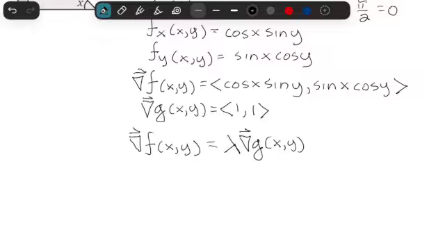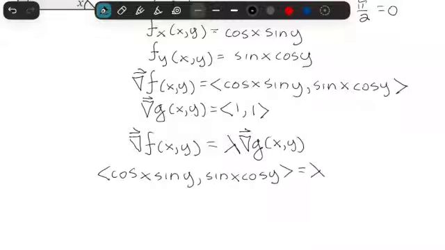Alright, so we have cosine x sine y, comma, sine x cosine y equals lambda (1, 1).